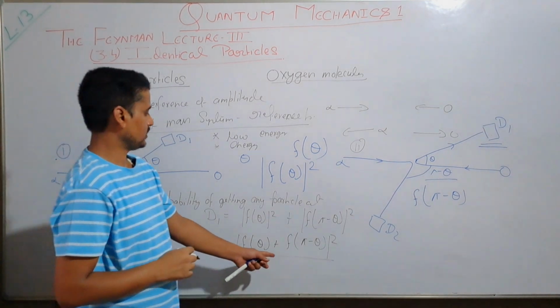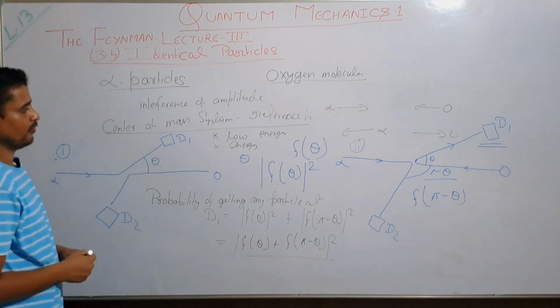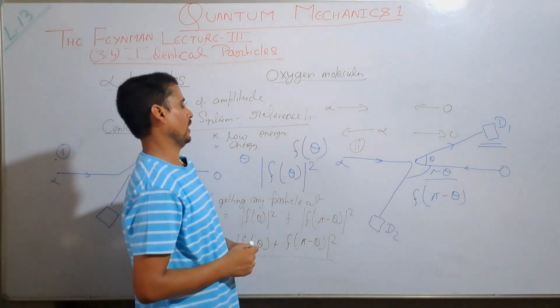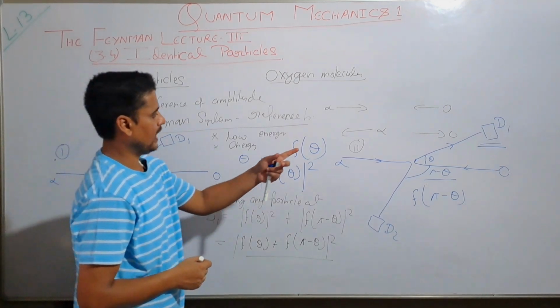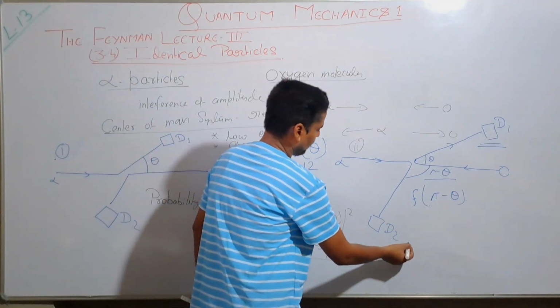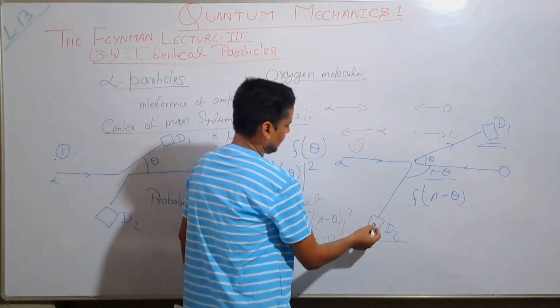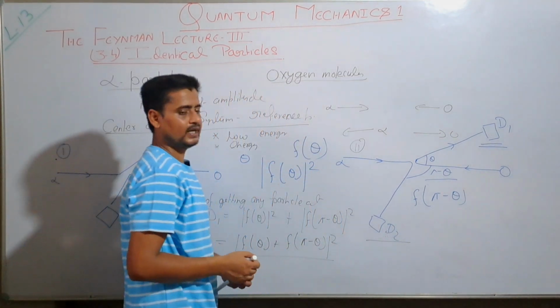So f theta plus f pi minus theta whole square is the probability of getting the alpha particle at D1, and the upper expression is for getting any kind of particle at detector D1. The same thing can be applied for getting particles at D2, or any specific particle at D2.